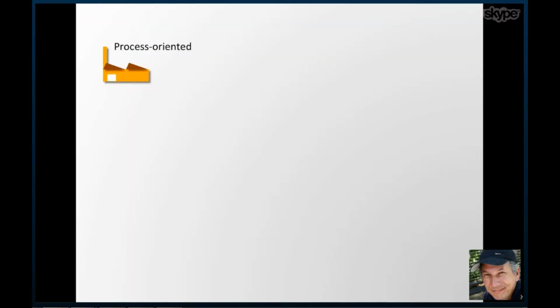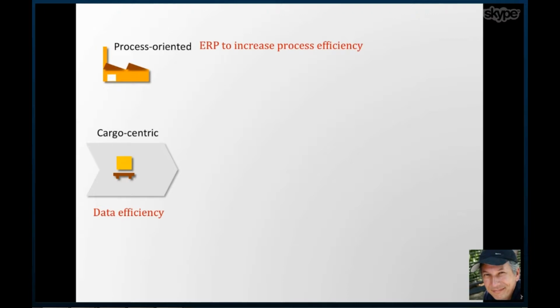If we look at it from a historic perspective, we started building software systems to support processes. One category of this type of software is the ERP systems, which are focused on increasing process efficiency. Using a cargo-centric approach, as we did in the Eurydice project, we tried to increase data efficiency, to organize the data in a more efficient way.